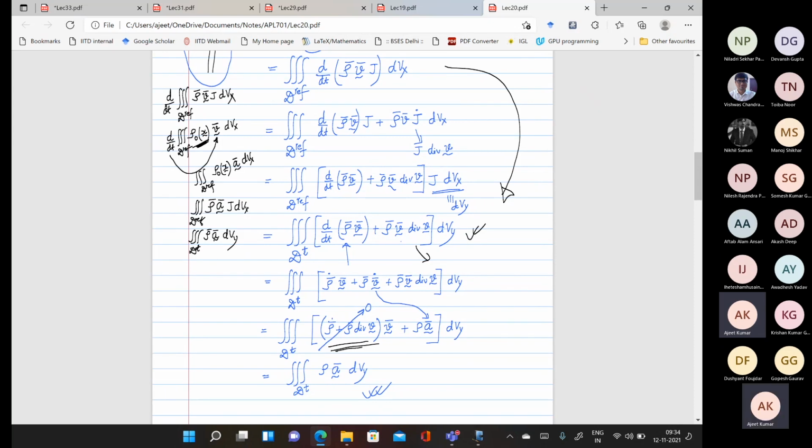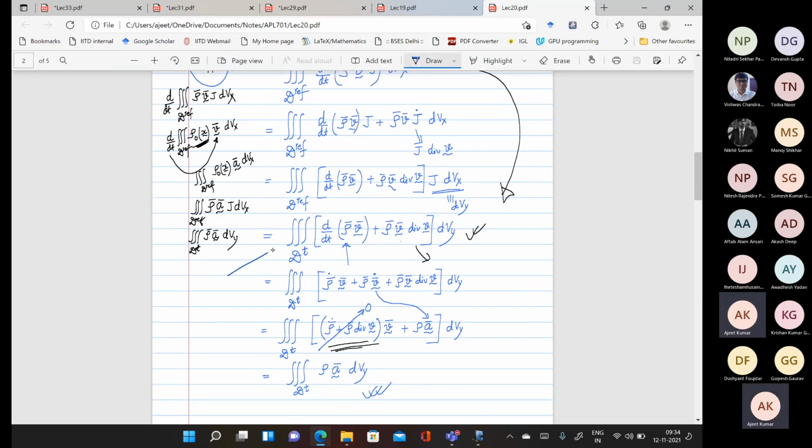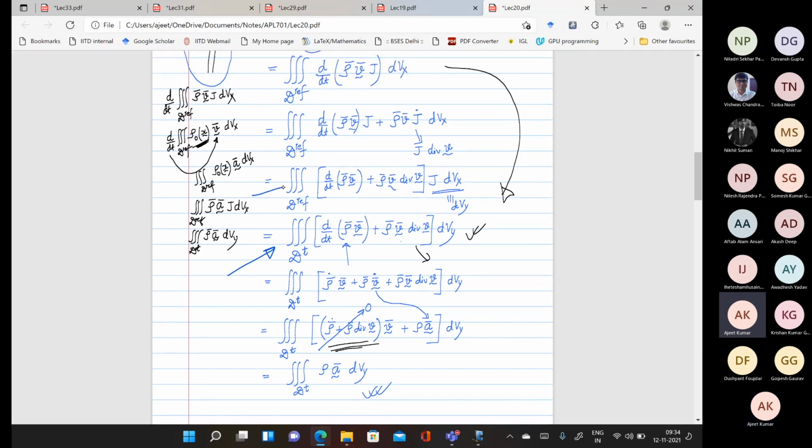Which one are you saying? You're fine here? No, sir, just above that. So after this, what have I done? That also I'm fine, sir. After that, when we were expanding it, we wrote rho dot v plus rho v dot, but we did not write the gradient part.